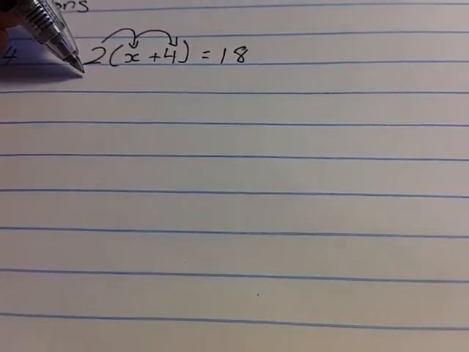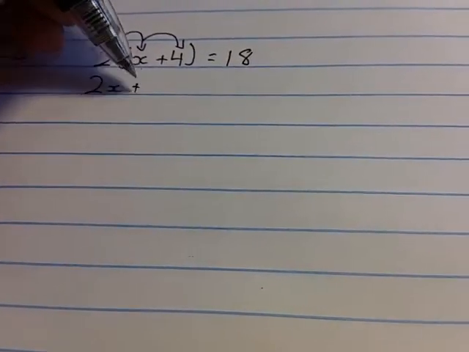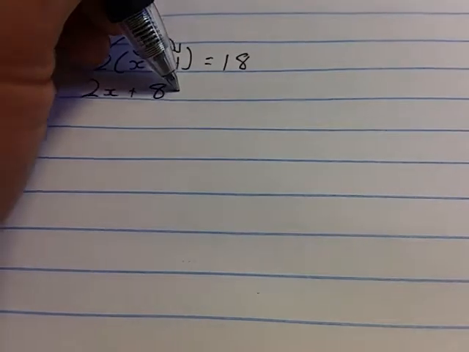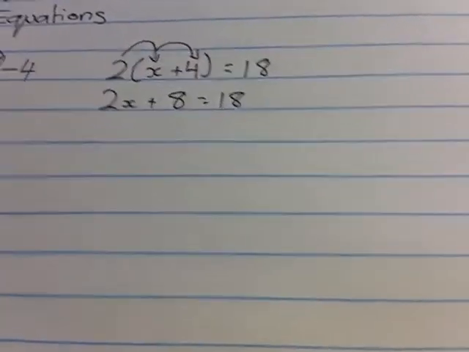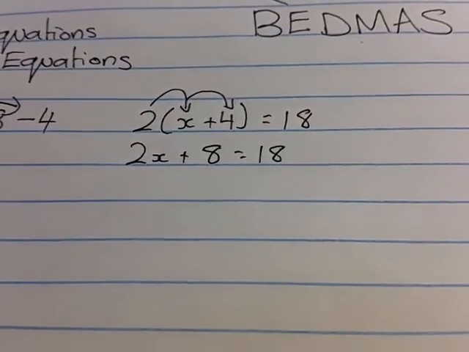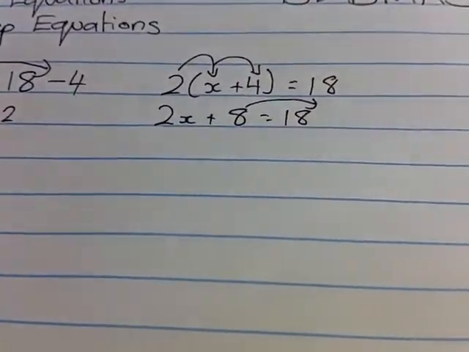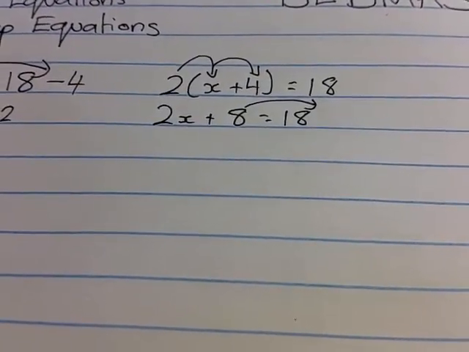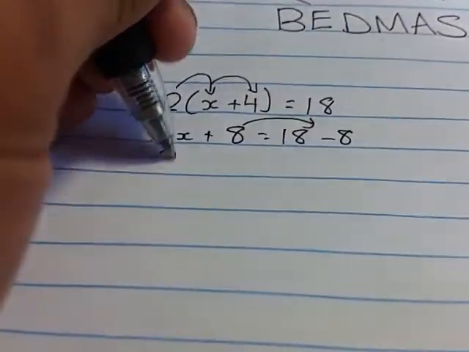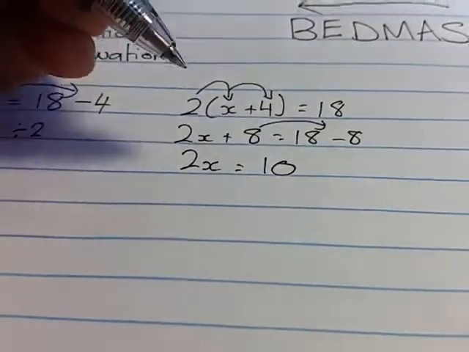So you get 2 times x, which is 2x, plus 2 times 4, which is 8, equals 18. So you have 2x plus 8 equals 18. You move the plus 8 first, and that one will become minus 8. So you got 2x equals 18 minus 8, which is 10.